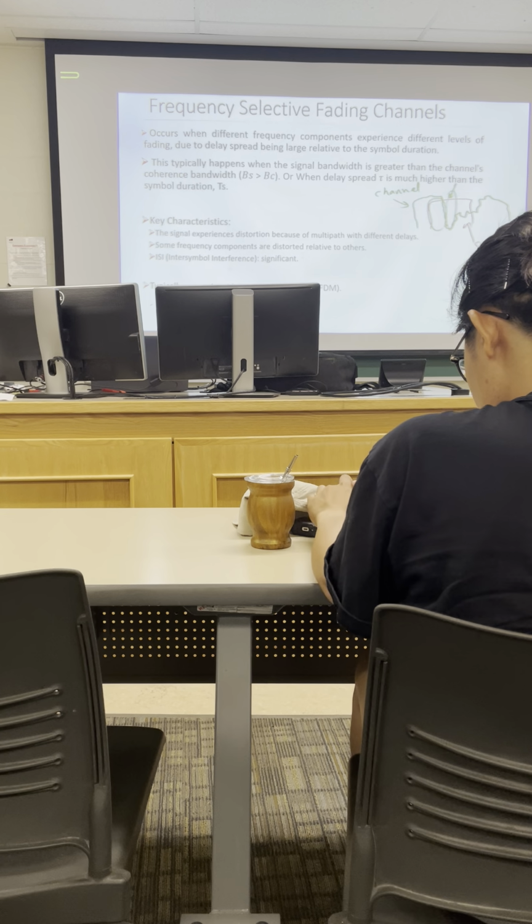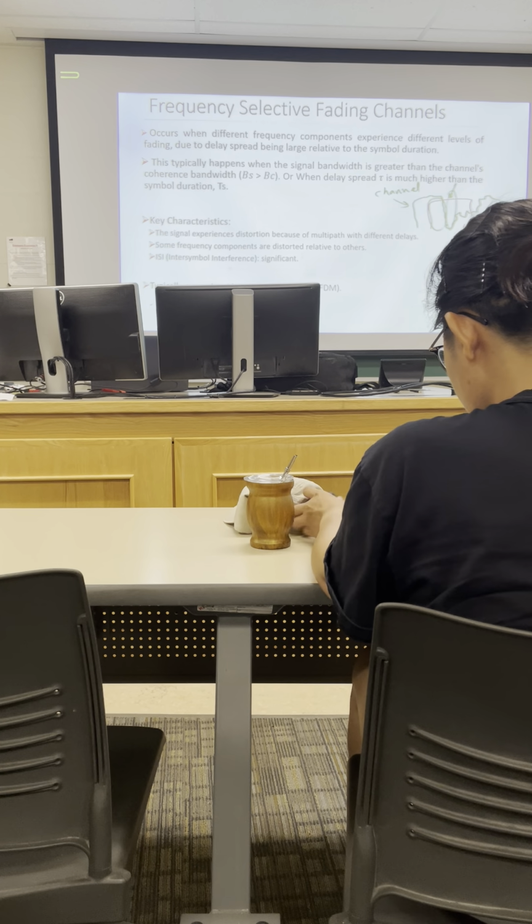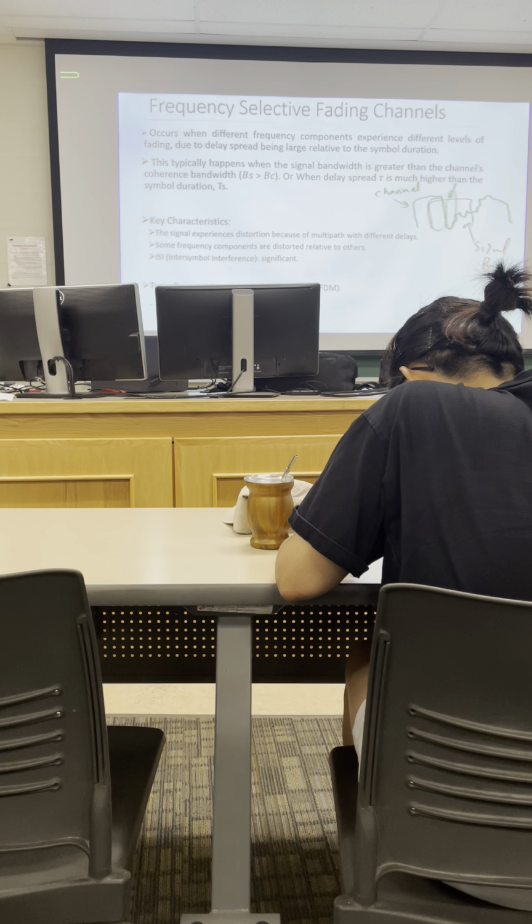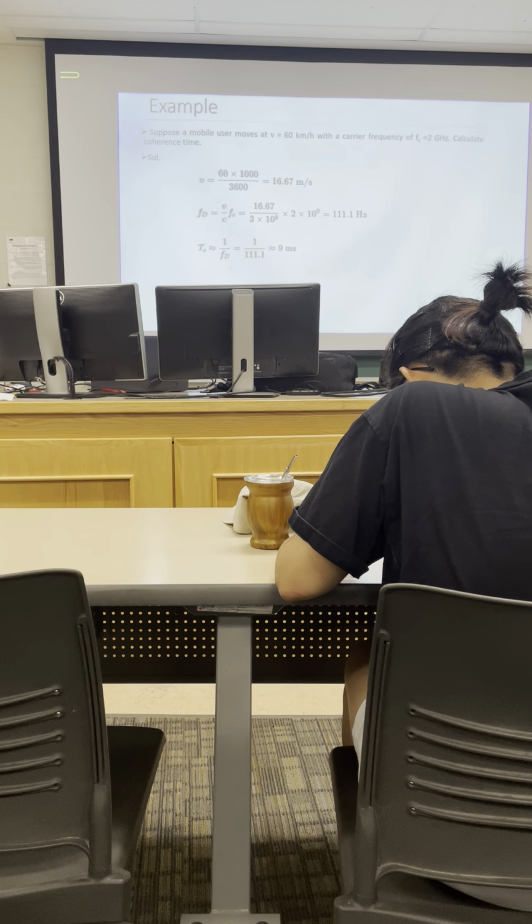This is something unwanted and very difficult to treat, right? But we have successfully treated it, because most modern communication, like OFDM and frequency division multiplexing, suffers from this kind of frequency selectivity. Okay, so these are the two types.